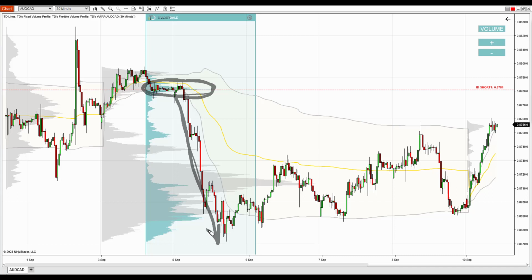That's why I can tell that sellers were active here. So this is an important zone for sellers, and if the price reaches this zone at some point in the future, chances are that there will be a reaction, as the sellers will want to defend this zone and push the price downwards from there again.